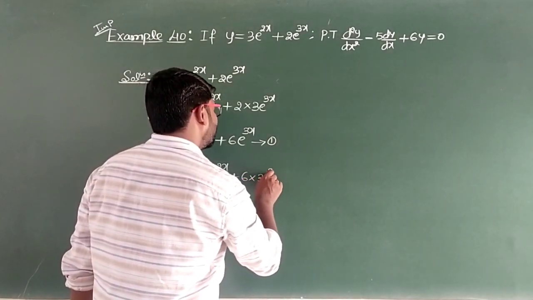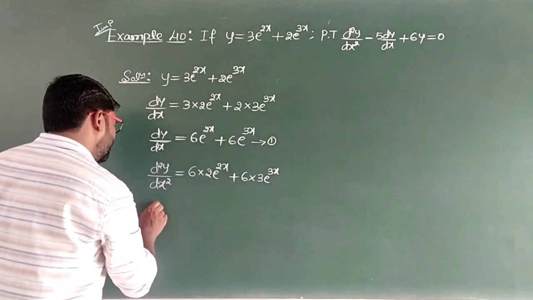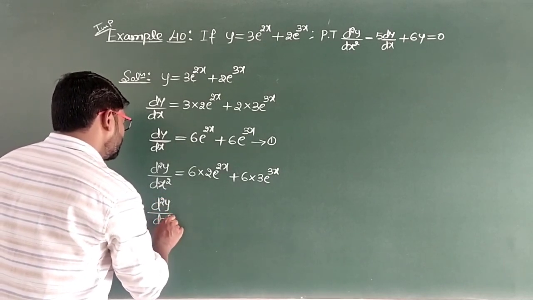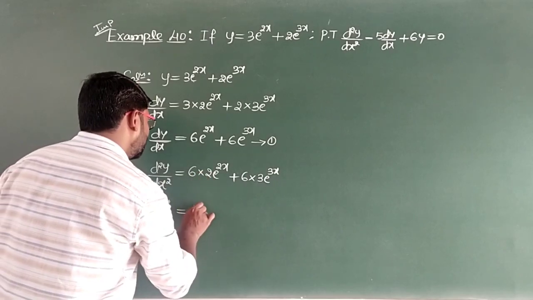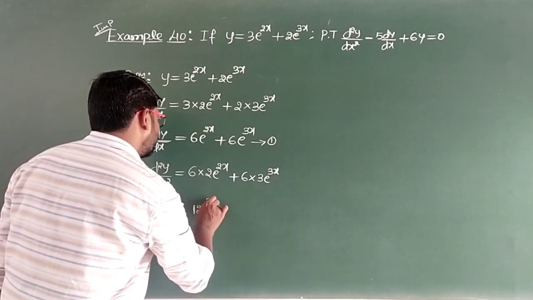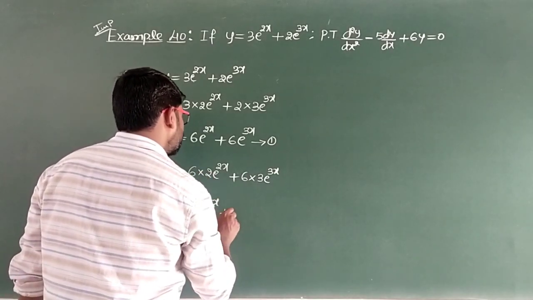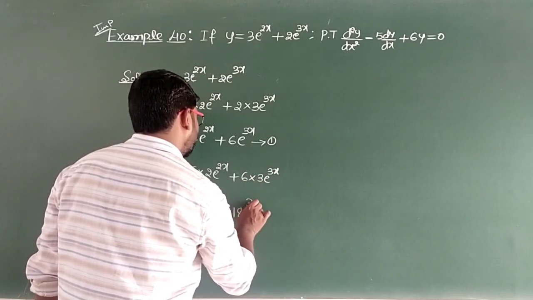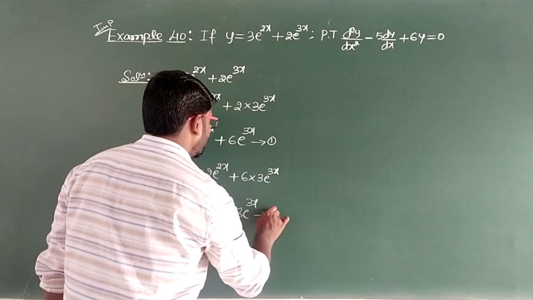So d square y by dx square equals 12 e power 2x, then plus 6 into 3, it will be 18 e power 3x. I call this as equation number 2.